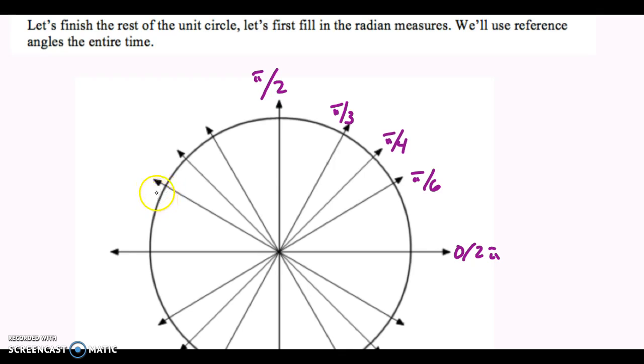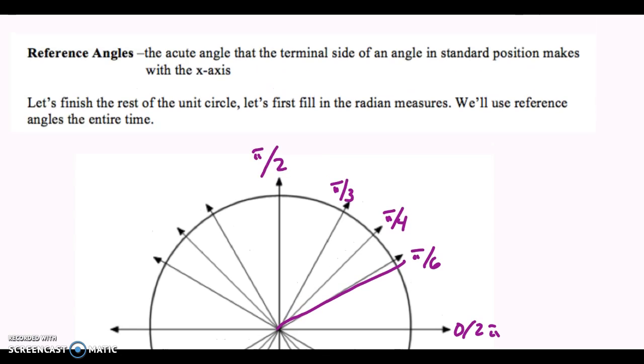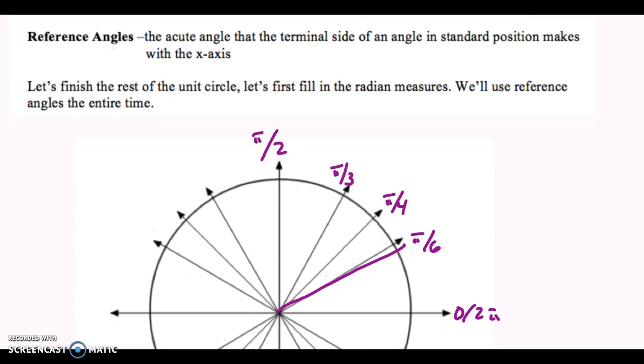Well, this angle looks exactly the same as pi over 6, doesn't it? And that would be correct. We're going to use pi over 6 as a reference angle, and a reference angle is an acute angle, which pi over 6 is, that the terminal side of an angle in standard position makes with the x-axis. So this angle here is going to be our reference angle.